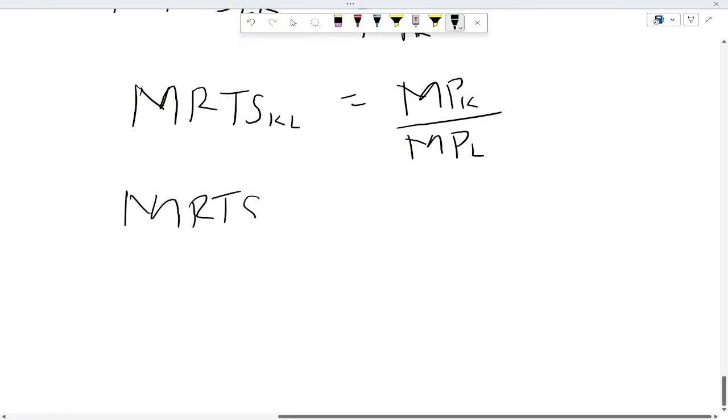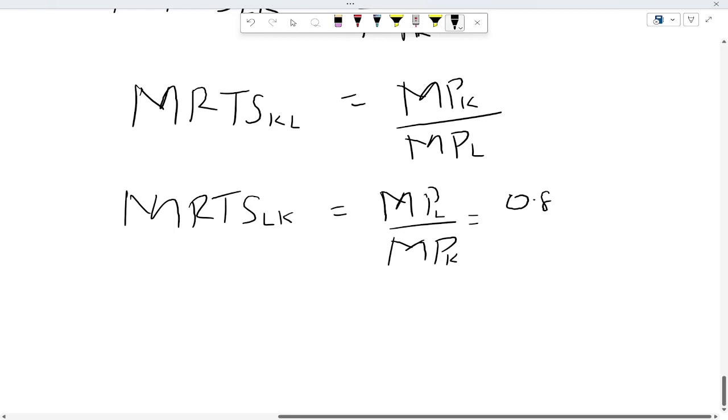So for the marginal rate of technical substitution of L for K, you have your MPL all over MPK, and your MPL is from the other calculation. Don't use the one that has APK and APL.